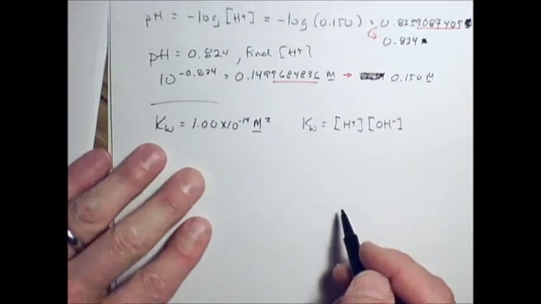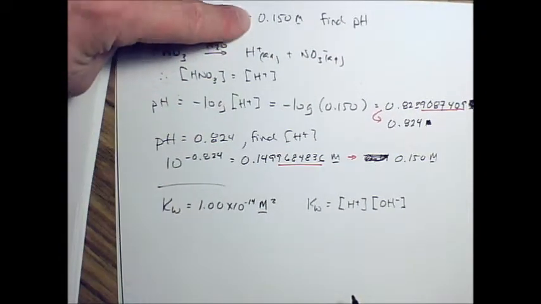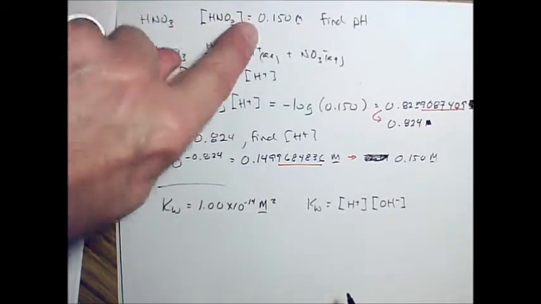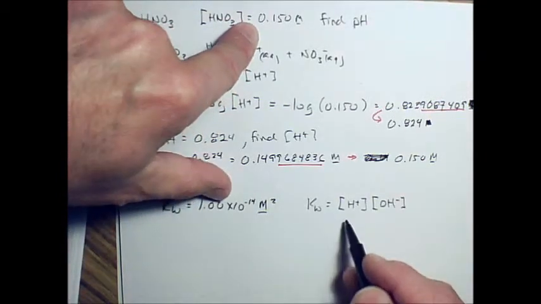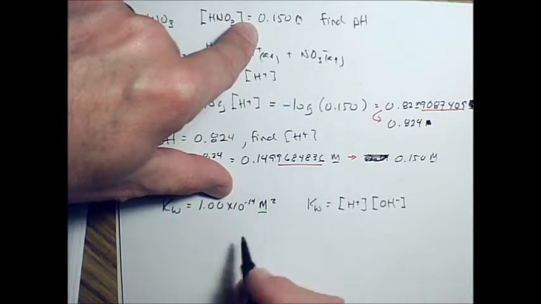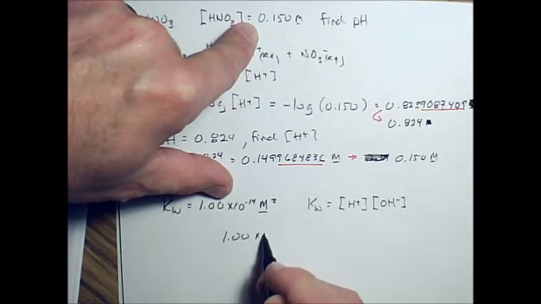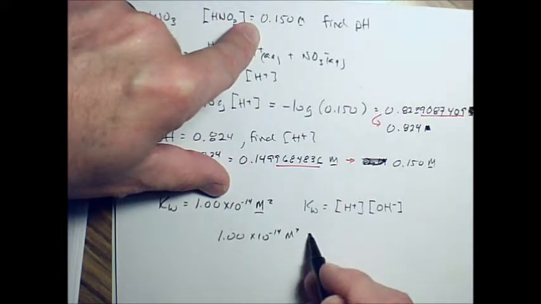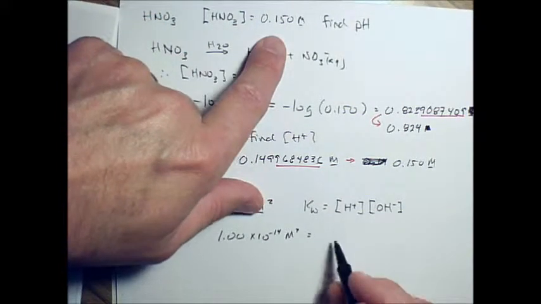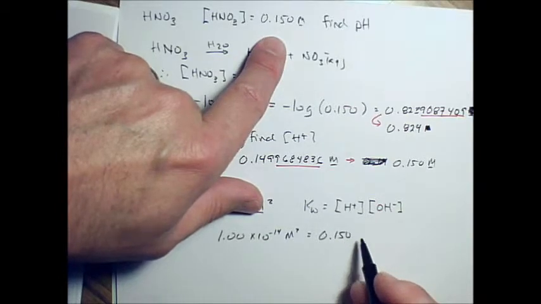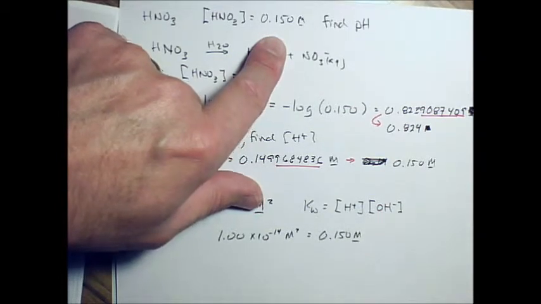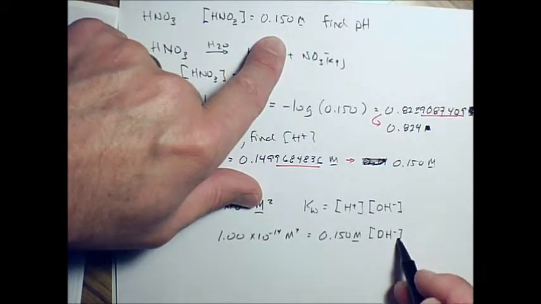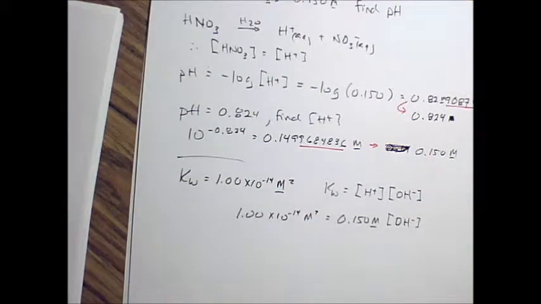Okay, so in this problem we already know what the hydrogen ion concentration is. We have it right up here. So we can plug in this number for KW, and we can plug in the hydrogen ion concentration. Because we have 2 out of the 3 things in this equation, we can find OH.